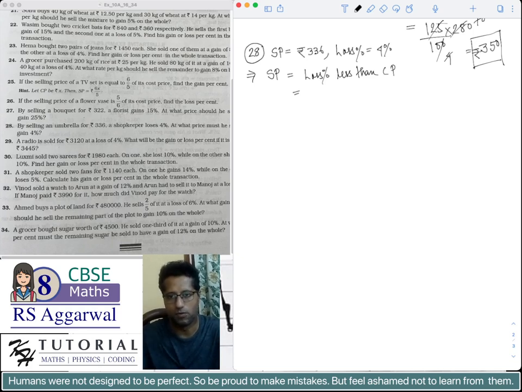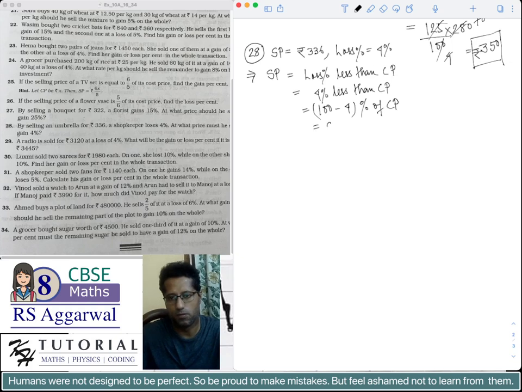For this problem, 4% less than CP, which is equal to 100 minus 4, this much percent of CP.